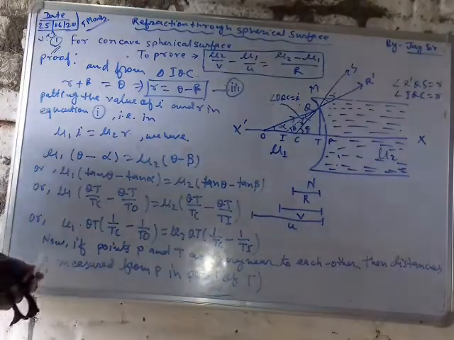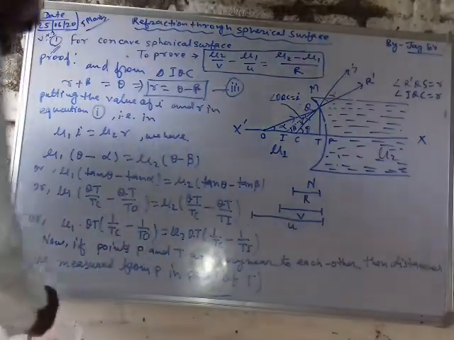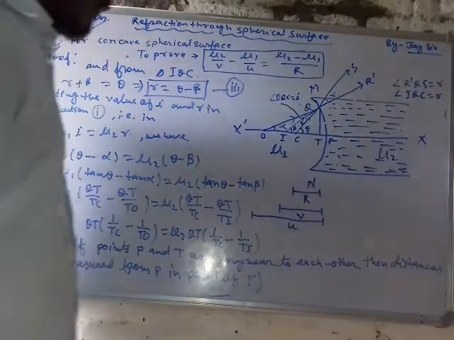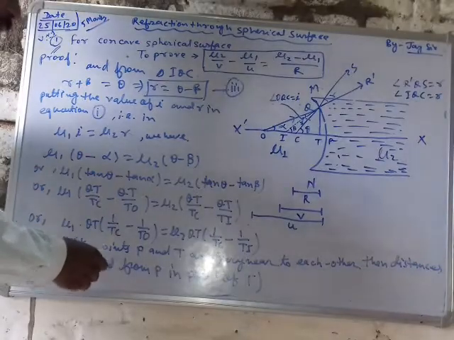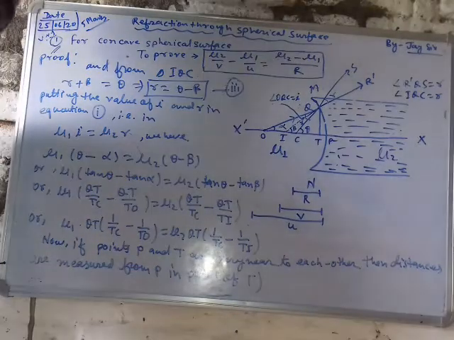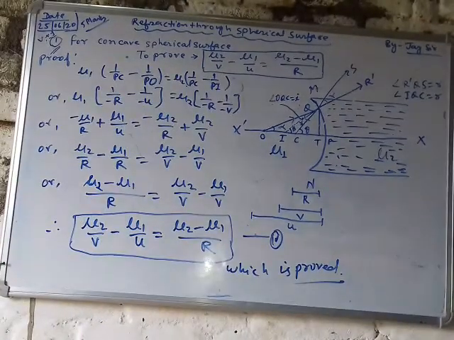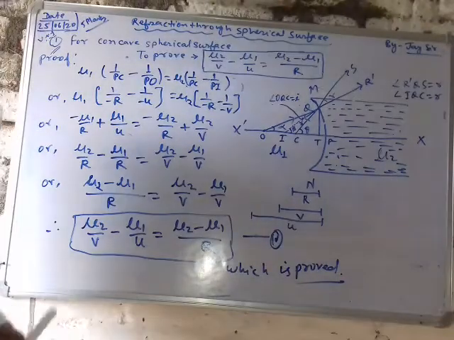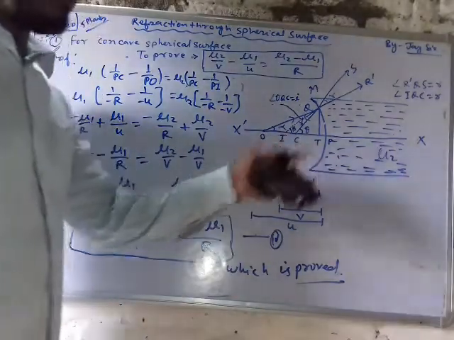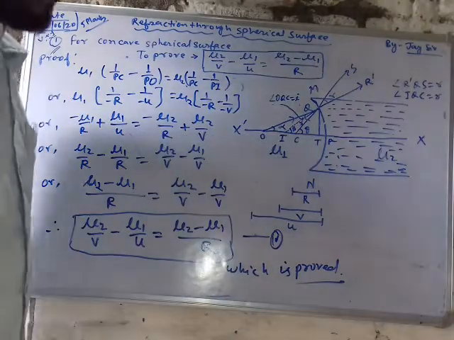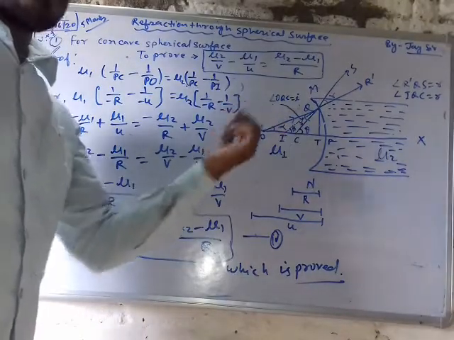So if points P and T are very near to each other, then distances are measured from P in place of T.